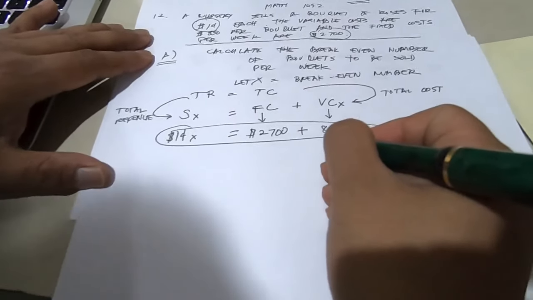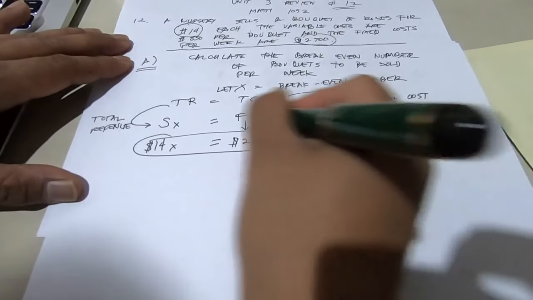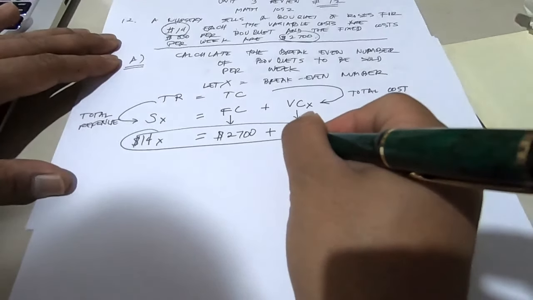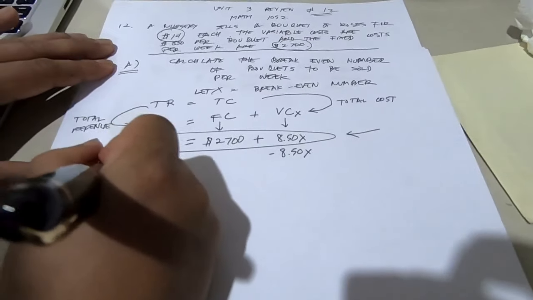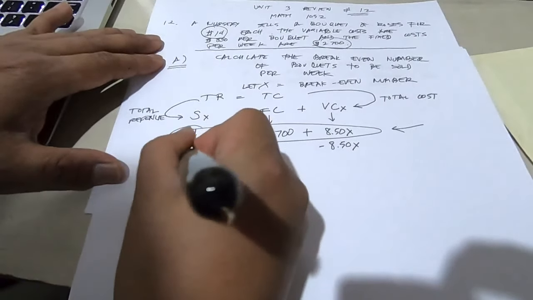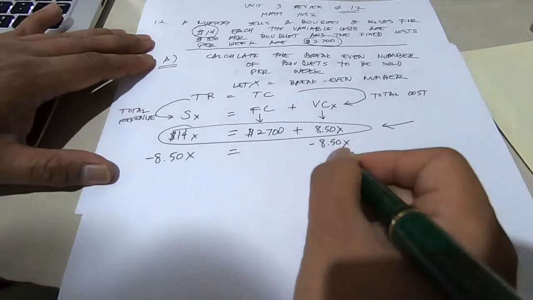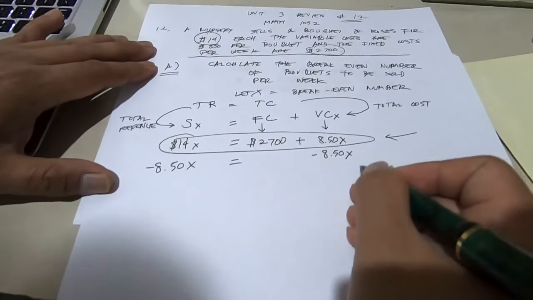Okay, so to do this, first we need to bring the 8.50X to the other side of the equation. To do that, we subtract 8.50X from both sides, right? Again, from algebra, we know that if we do the same thing on both sides, the equation remains equal. That's why we can do this.